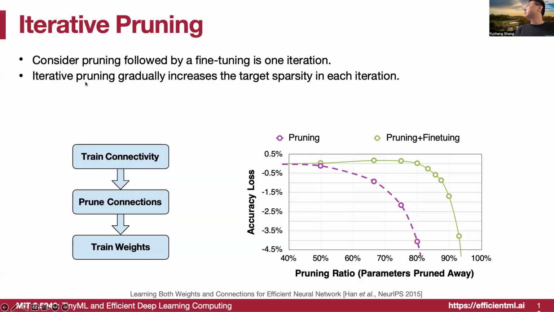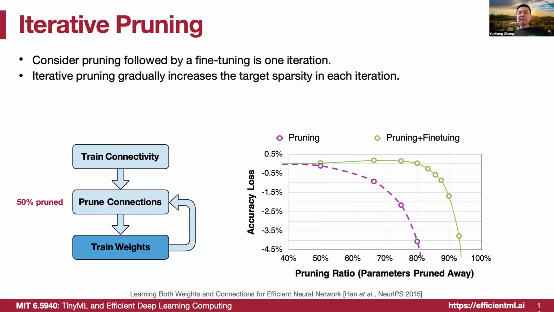The iterative pruning gradually increases the target sparsity in each iteration. For example, in the first round, we prune 30% of the weights, and we train the weights, and we repeat this pruning and training again. For the second time, maybe we can get a 50% pruned neural network, and we retrain the neural network.